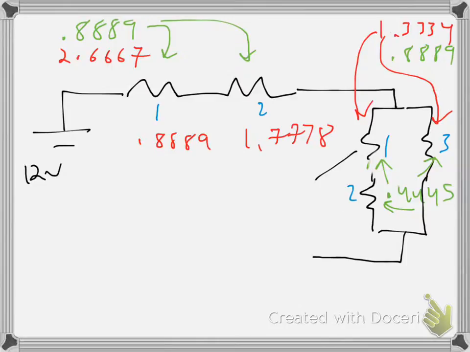If I take 0.4445 and I multiply it by 1, I get obviously 0.4445. And if I take 0.4445 and I multiply it by 2, I get 0.889. If I add those together, guess what I get? 1.3335, which is what we expected. So now I know my voltage across each of those resistors, and we keep going into our final system.